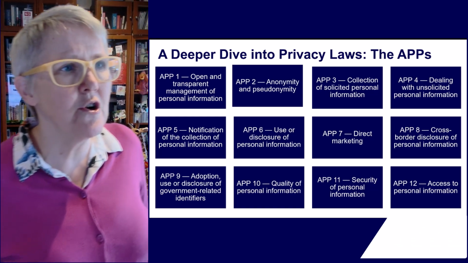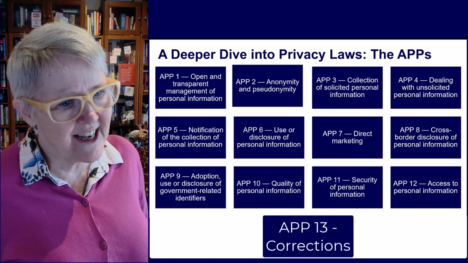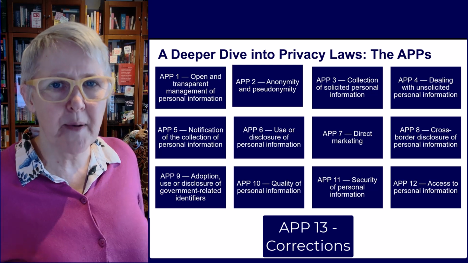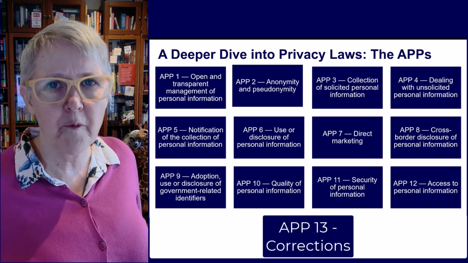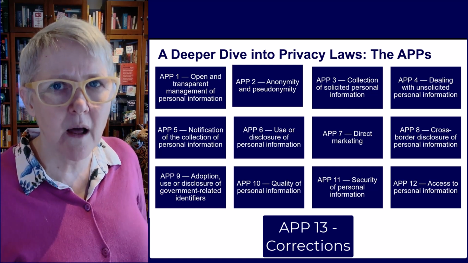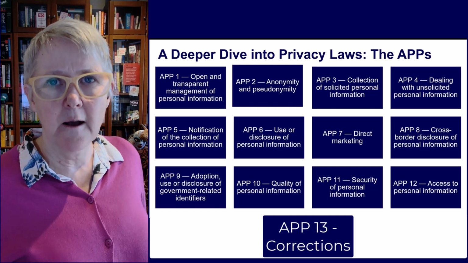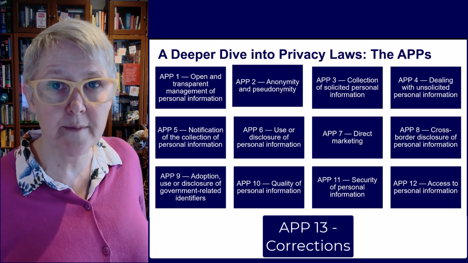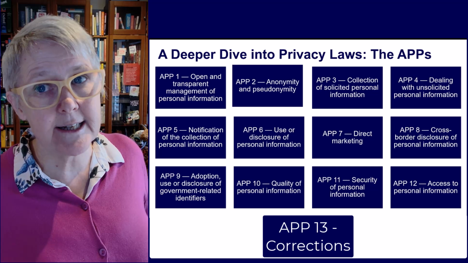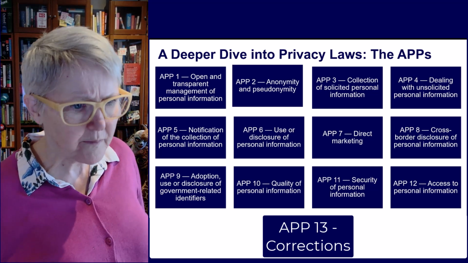Now, the last one, not on the slide, I'll try and put an animation on the video, is APP 13. And this is about the rights of people whose data is with Privacy Act compliant entities, so government departments and companies with turnovers of more than $3 million, or entities that use sensitive information, so like the health industry, for example.